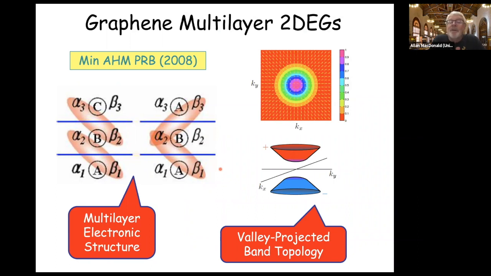Many of those properties already appear in graphene two-dimensional electron gases. Whoops, just trying to move my gallery out of the way.